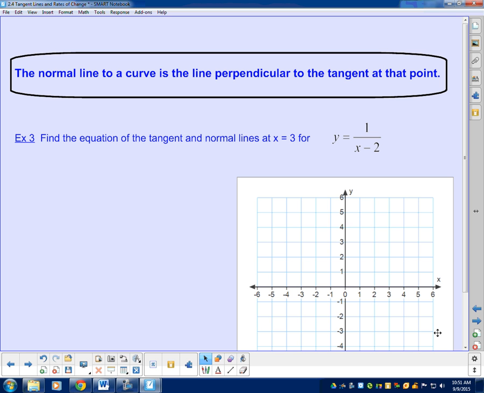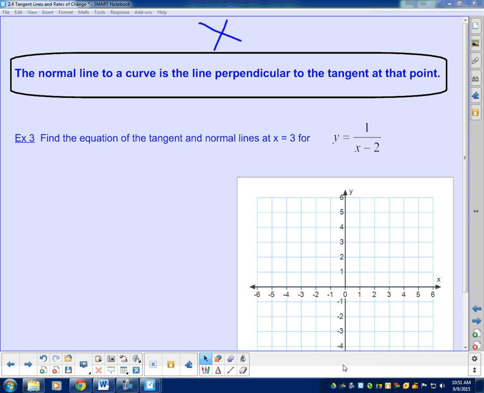This really amounts to just finding the instantaneous rate of change and then taking the, well, here's the definition of a normal line. The normal line to a curve is the line perpendicular to the tangent at that point. So if it's perpendicular to the tangent at that point, how will its slope be related? Yeah, negative reciprocal, that's right.